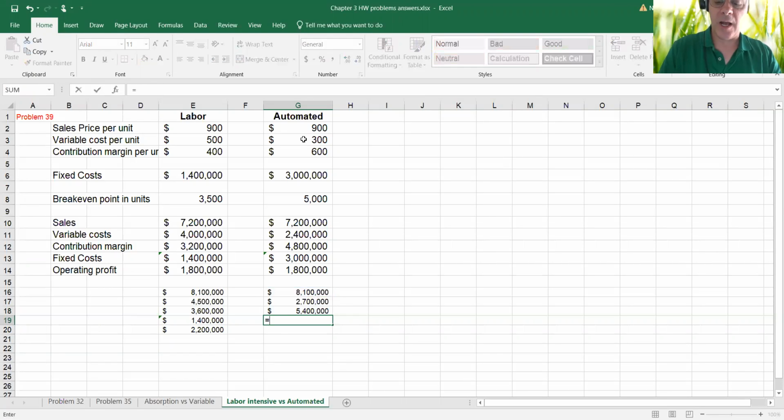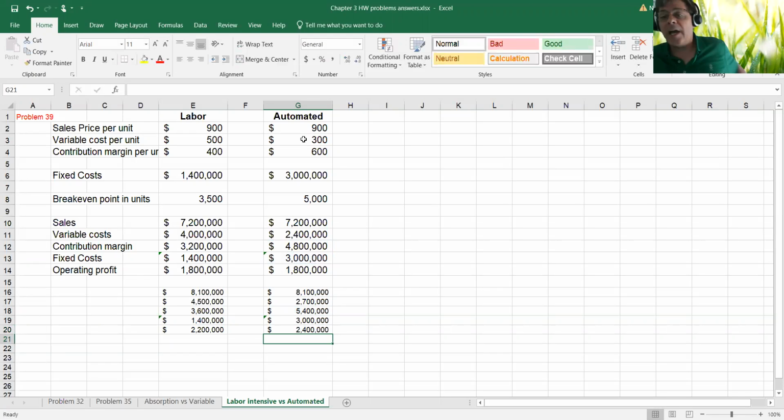And our fixed costs, assuming this is still part of the relevant range and we haven't exceeded that, is still 3 million. So my operating profit is higher using automated, just like Nate suspected.